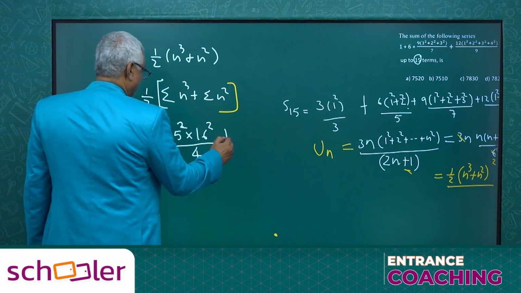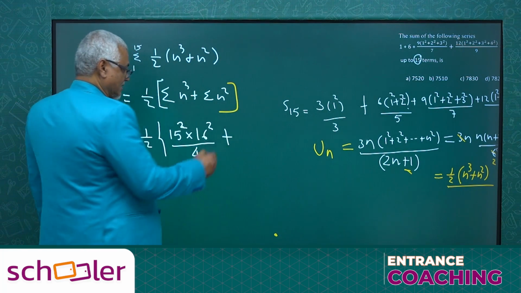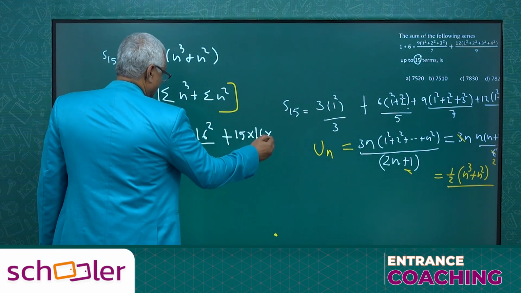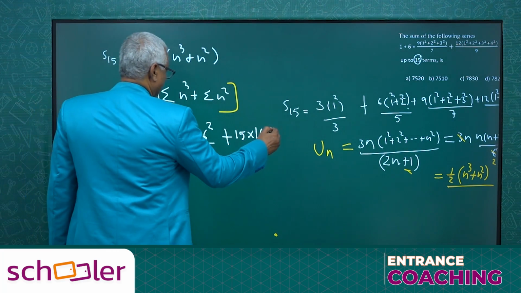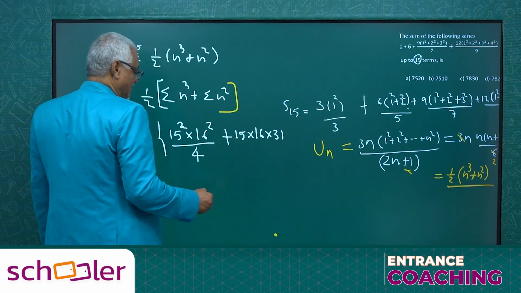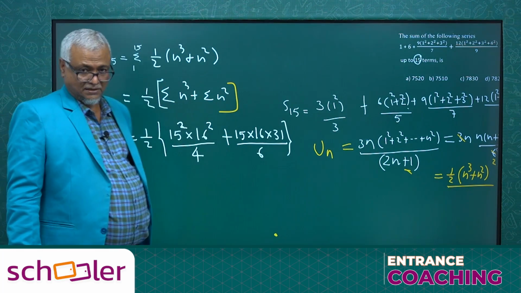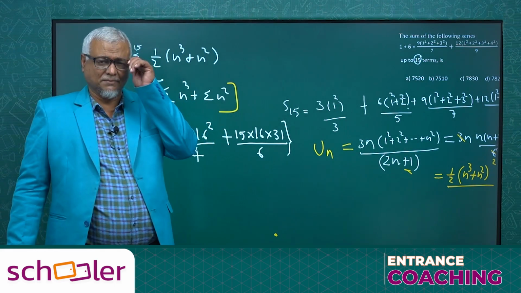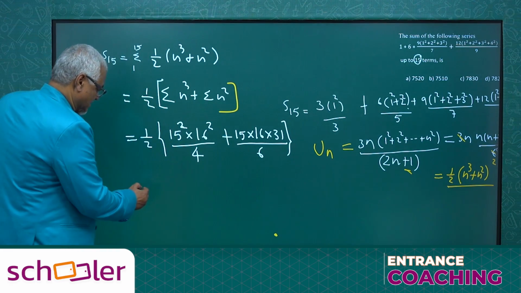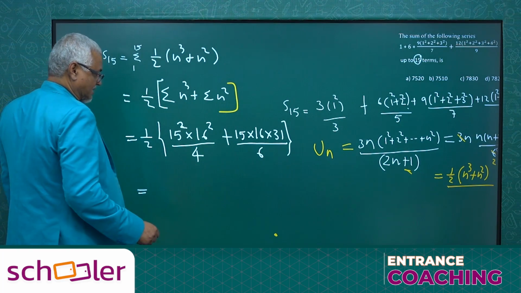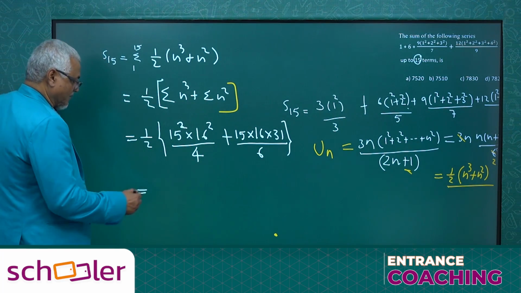Plus, what is sigma n square? It is n into n plus 1 into 2n plus 1, where 2n plus 1 is 31, whole divided by 6. Okay, come on, simplify it. This is 16 into 16, so 4 will cancel.